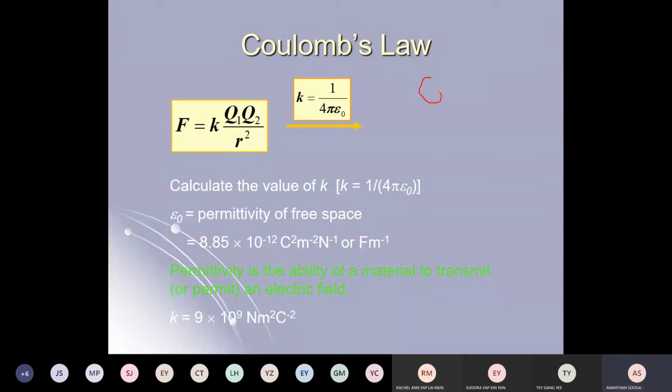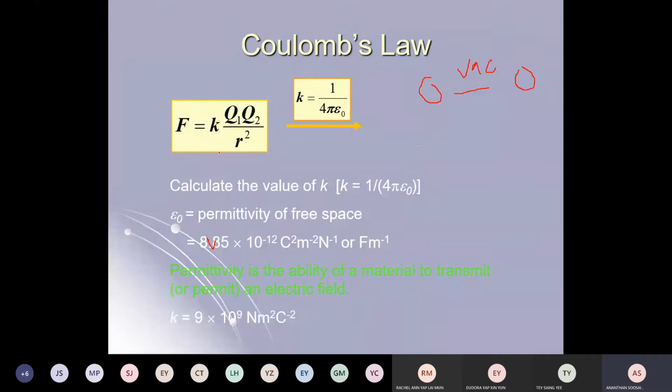If you have two charges and the region between them is a vacuum, then the constant is 4 pi epsilon naught. Okay, if the two charges are in air, then the constant is going to change.